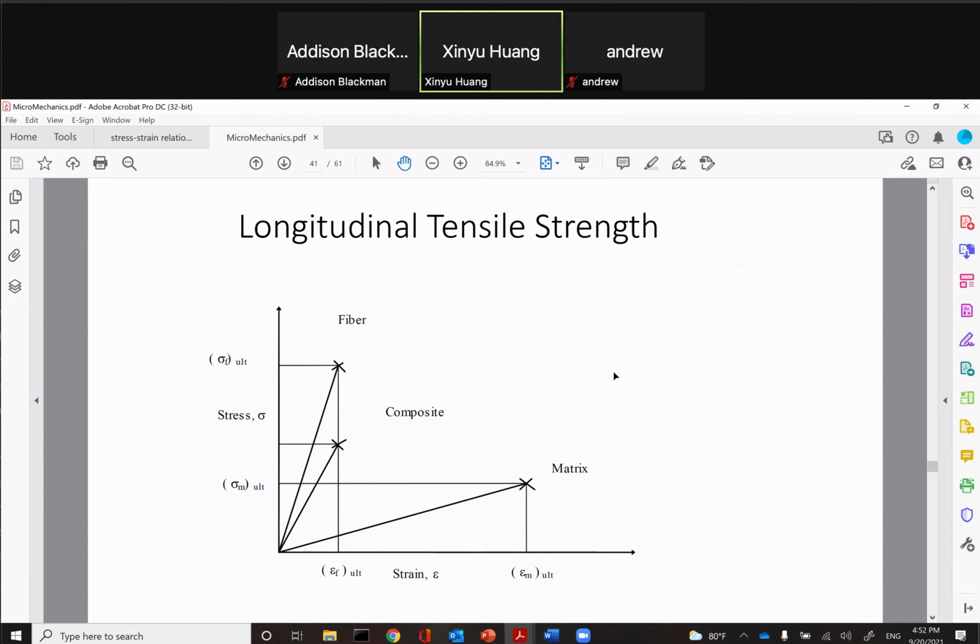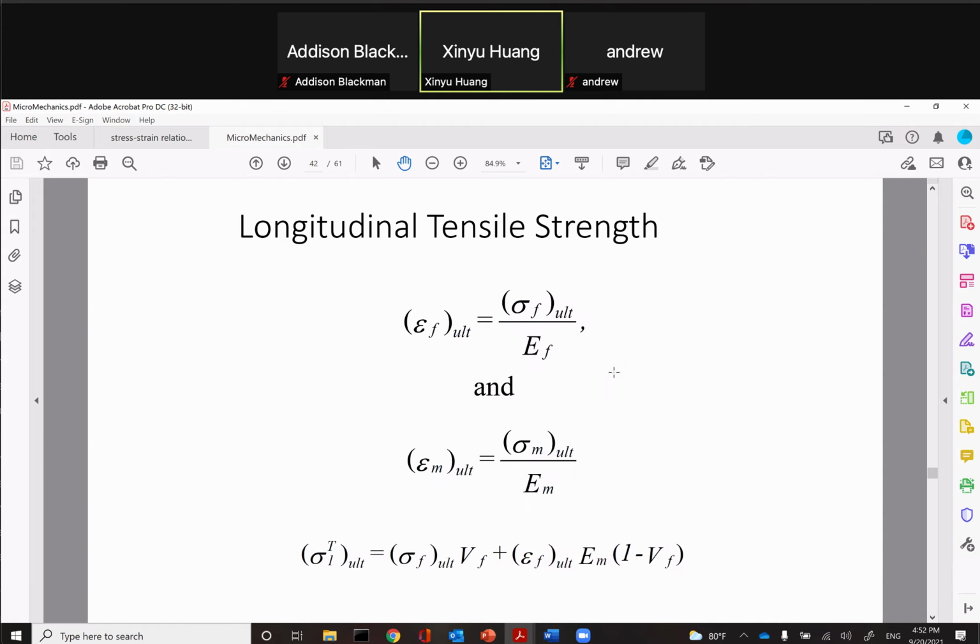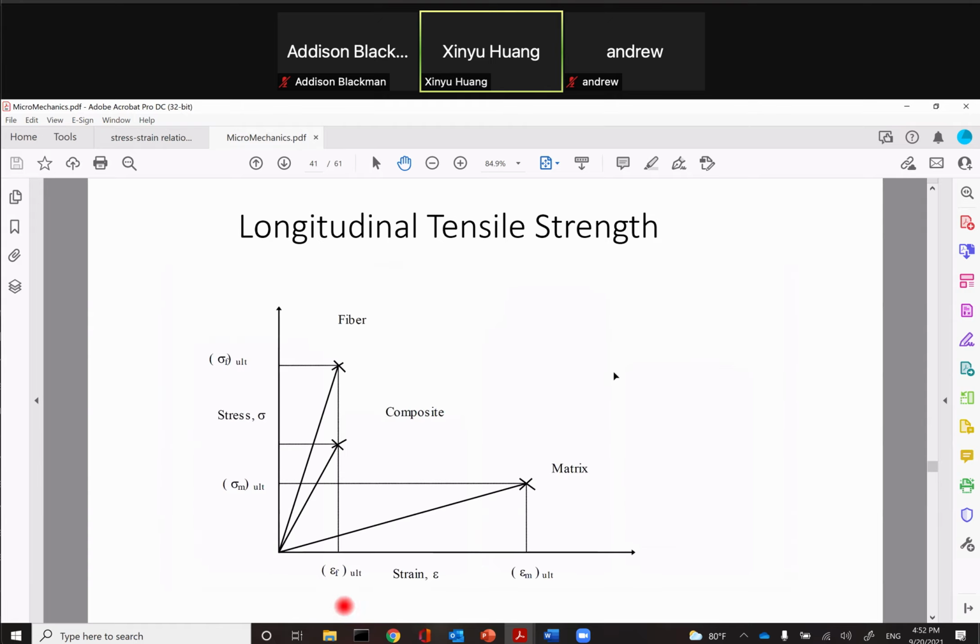So the other thing to say is that when you're pulling the material in the fiber direction, the fiber failure defines the layer failure. Fiber is critical in loading in this direction. Now, if you make this assumption, when the composite reaches the fiber failure strain, you have a composite failure.